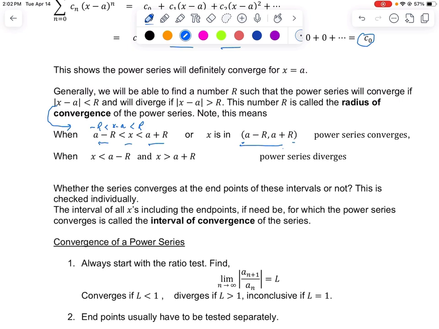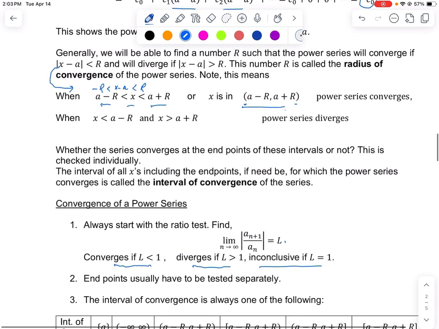You find the limit as n goes to infinity of the absolute value of a_(n+1) over a_n, and let's call that limit L. If L is less than 1, the series converges; if L is greater than 1, it diverges; and it is inconclusive if L is equal to 1. So endpoints are tested separately.